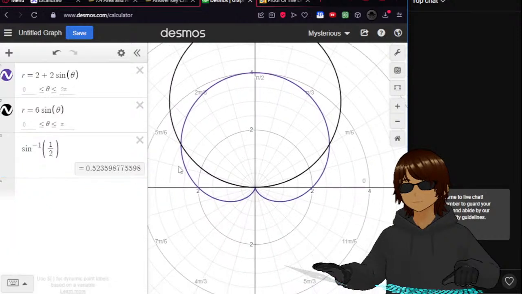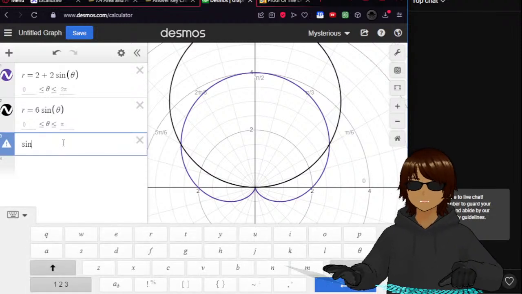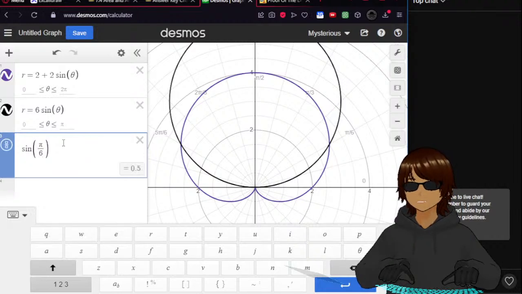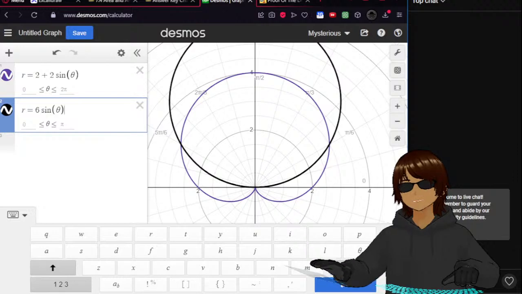Let's see, sine pi over 6 is half. Yeah, so this exactly is the intersection point.